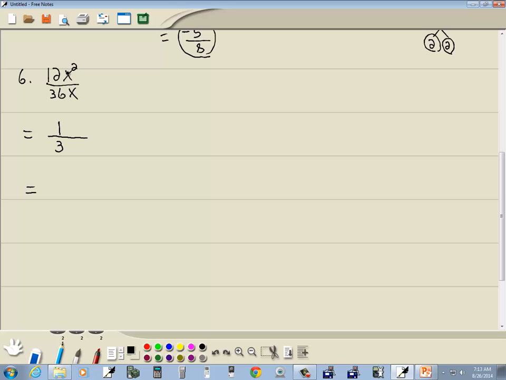Okay, now let's talk about the x's. If you have x to a power over x to a power, this is actually any variable, as long as it's the same variable. But I'm writing this in terms of x to make it simpler.